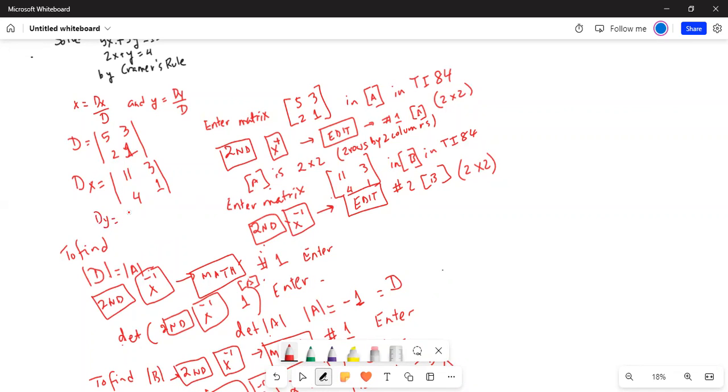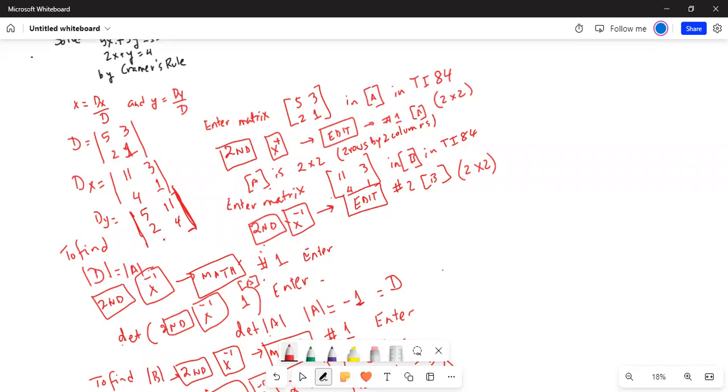In this case, the coefficients of y are replaced by the constant terms. The coefficients of x remain the same, so it is 5 and 2, and the coefficients of y, being 3 and 1, are replaced by the constant terms on the right-hand side, which are 11 and 4. I'm sorry, this will be a determinant sign, because this is a determinant, not a matrix. So 5 and 2, 11 and 4.